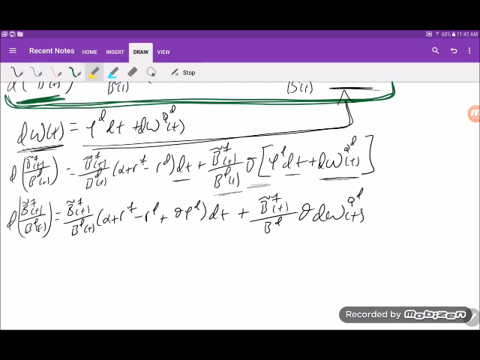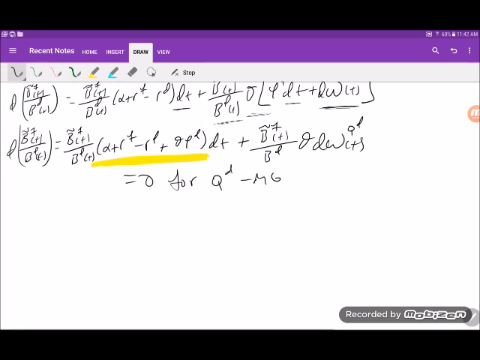Anyways, alright, so what do we know? Well, we want a QD martingale, right? So this drift term should equal 0 for a QD martingale. So let's work through that. So alpha plus rf minus rd plus sigma phi d should be equal to 0.